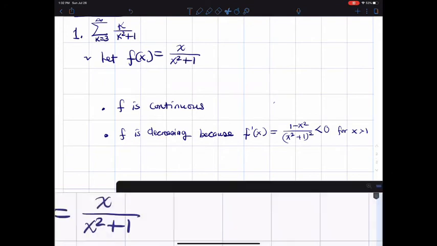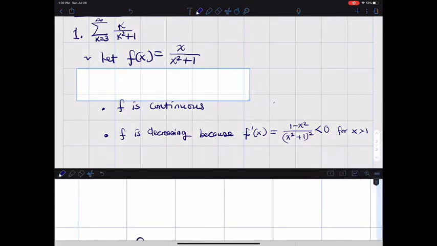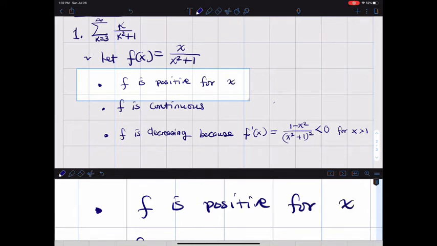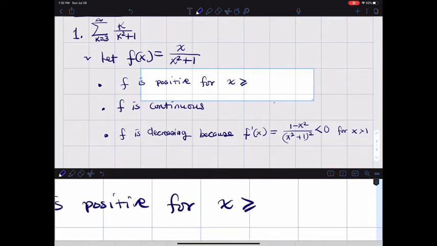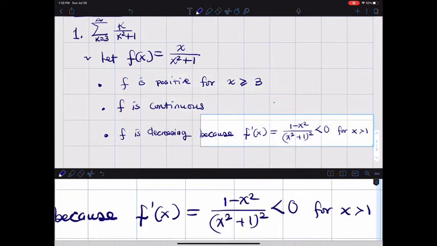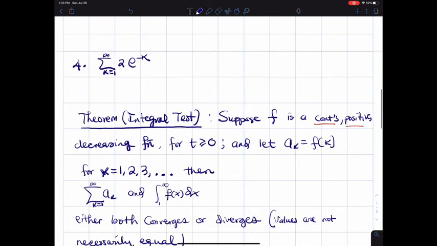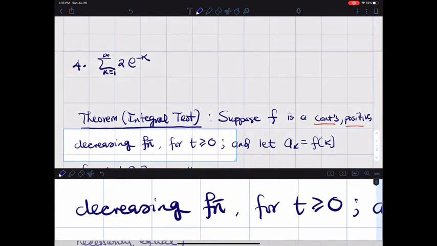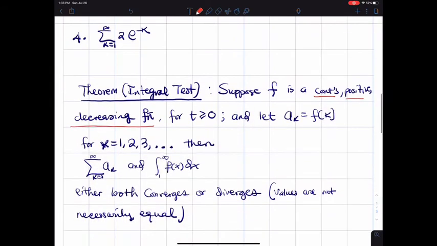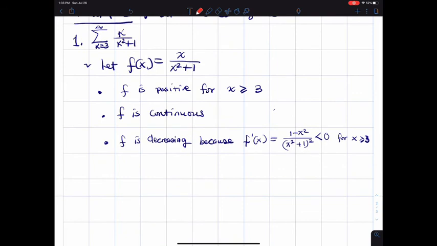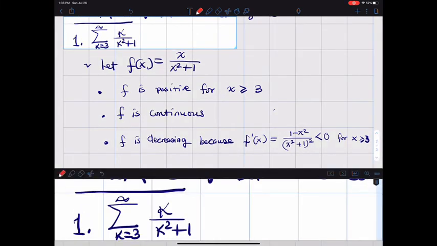So here, f is positive for x greater than or equal to 3, since our series starts from 3. All right, what else do we need to know? F is decreasing. I argued that it's decreasing, and I want you to check that. So we've satisfied all 3 conditions that we need in order to make our conclusion.